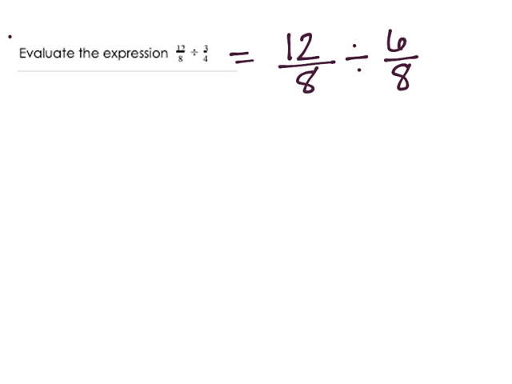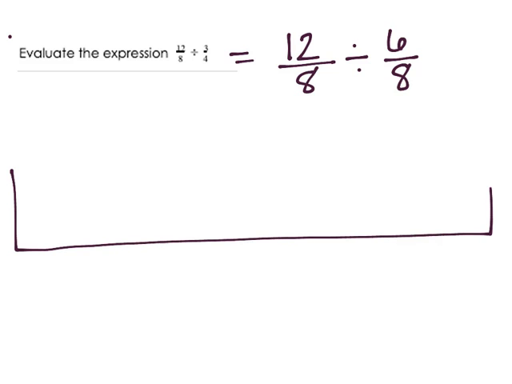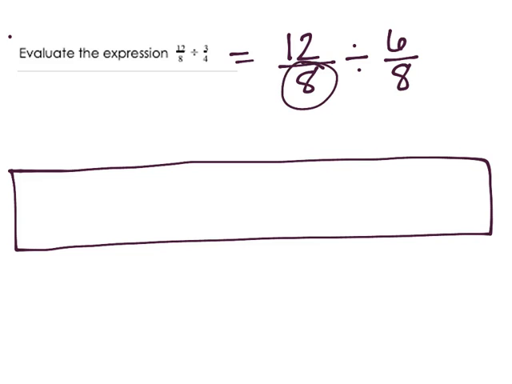Now that I have common denominators, I'm going to draw my whole. Before I cut this into the amount of pieces of the denominator, I notice that my numerator is larger than my denominator, so it is a fraction greater than 1.